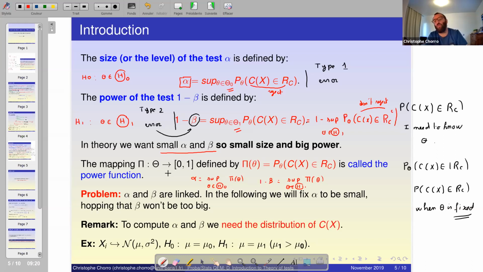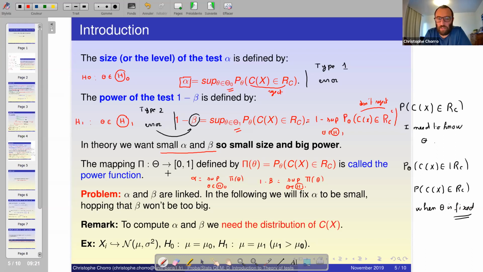So in a perfect world, okay, it will be to obtain a test with the smallest possible size, because I want to minimize my type 1 error, I don't want to reject if my hypothesis is true, okay? And secondly, I want to minimize my type 2 error.